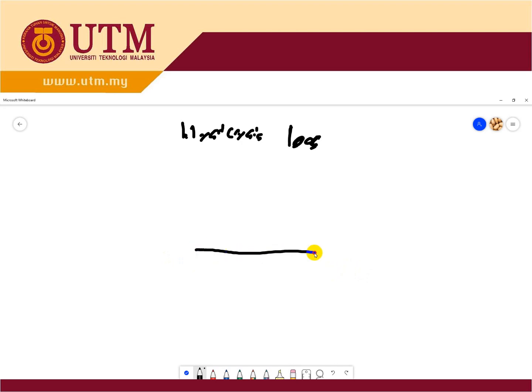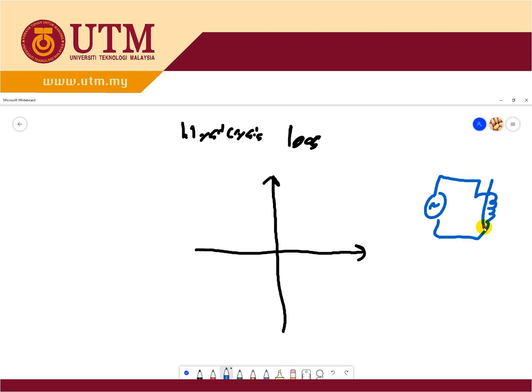If DC, there is no hysteresis loss. Something like this. As I mentioned before, maybe this is the supply, but this needs to be AC. And then something like this. This is the core.